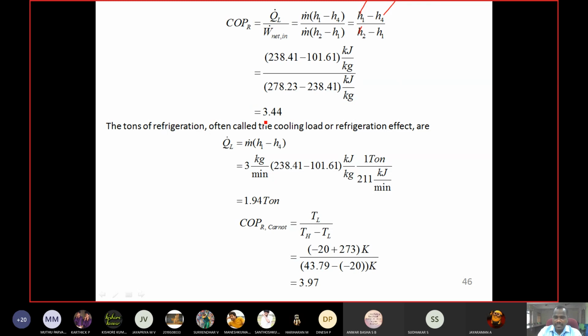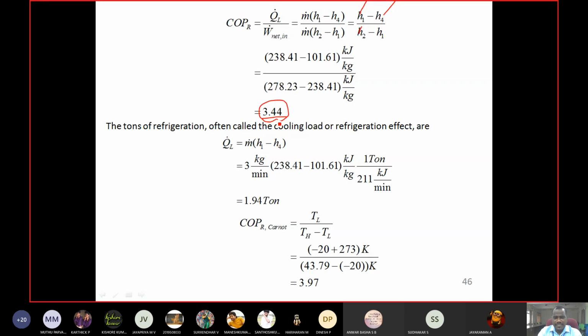You can see the COP is 3.44. Normally efficiency is a percentage, less than unity, whereas COP can be more than 1. Here in this system we have a COP of 3.44.